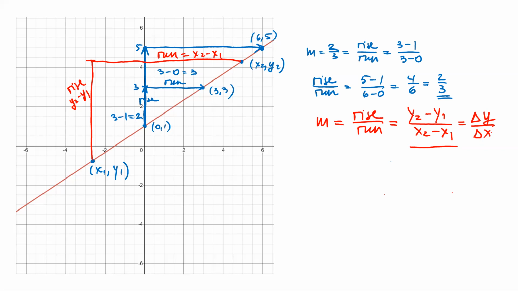Okay, so what have we learned so far? Well, first, we realize that the slope defines the tilt of the line, right?